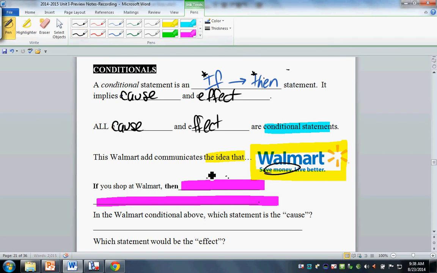Okay, so Walmart's saying if you shop here, then you're going to save money and live better. That's what it's saying. So in the sense of cause and effect, the cause is shopping at Walmart.